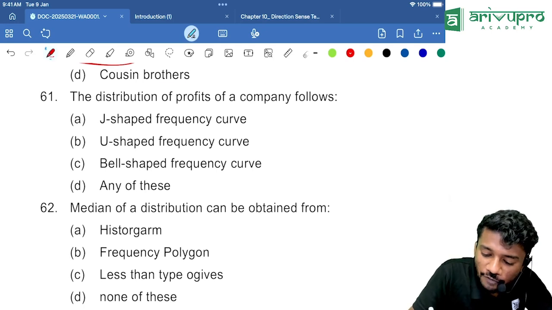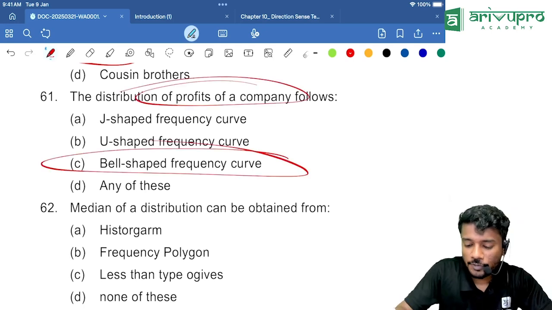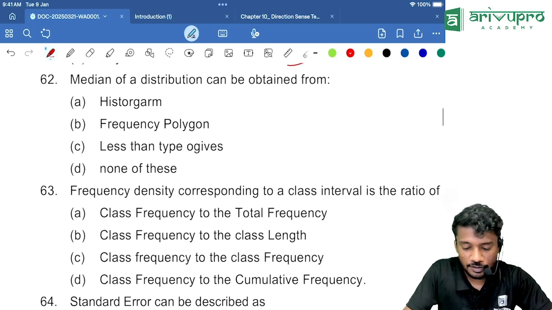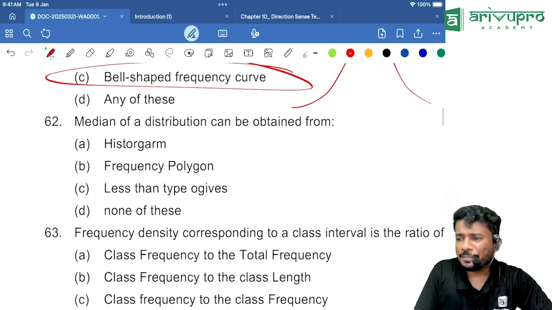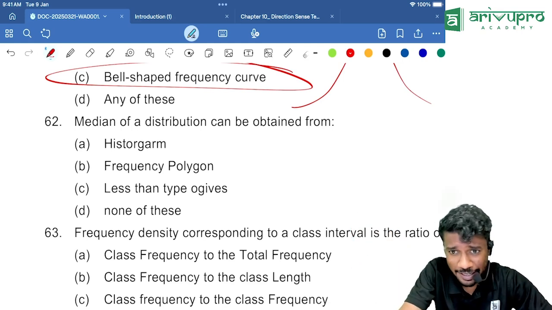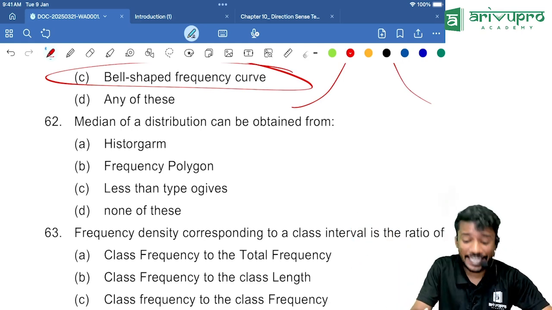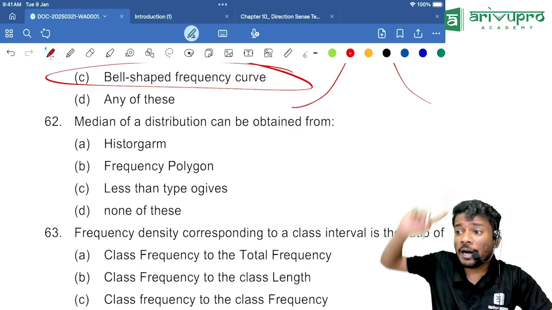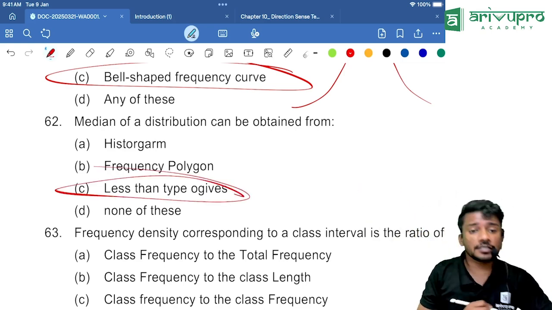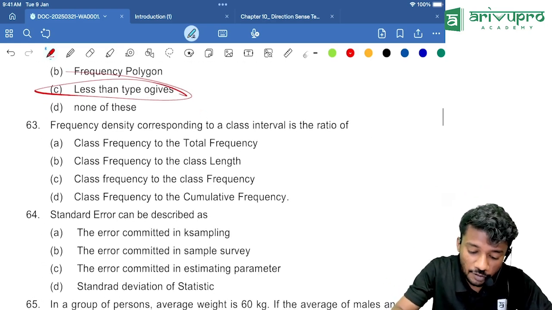For profit distribution, we are using the normal distribution, the bell-shaped curve. Then median and mode use the frequency polygon. You remember where we take partition values and median from? Then frequency density.